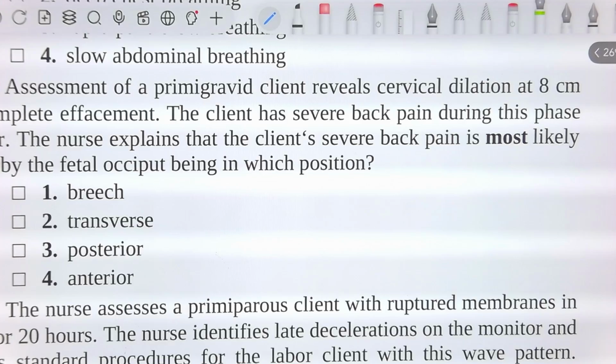30th question. Assessment of a primary gravid client reveals cervical dilation at 8 centimeters and complete effacement. The client has severe back pain during this phase of labor. The nurse explained that the client's severe pain is most likely caused by the fetal occiput being in which position?